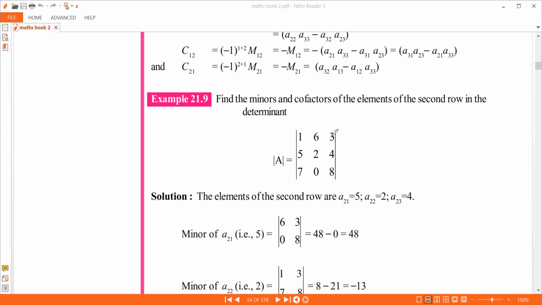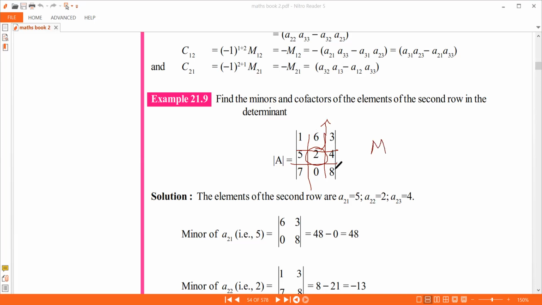Now I want the minor and cofactor of 2. You have to erase its row and column, and what remains is 1378. Which position is 2 in? That is most important.